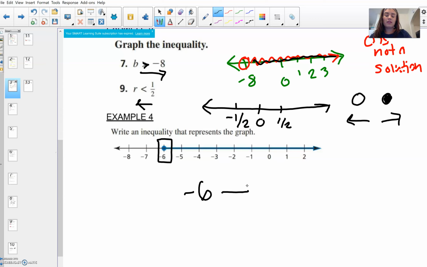So that means that -6 is less than, we'll say x, because it's less than or equal to. -6 is our very bottom number, and then our numbers grow and grow. So we have -6 is less than or equal to x.